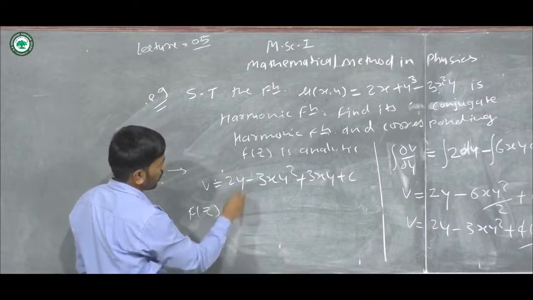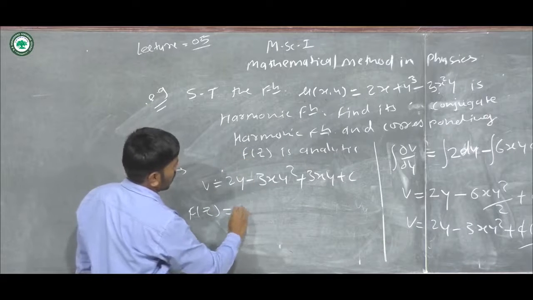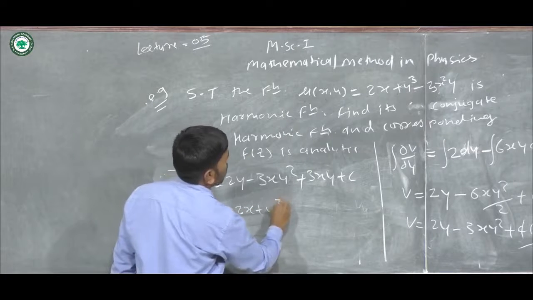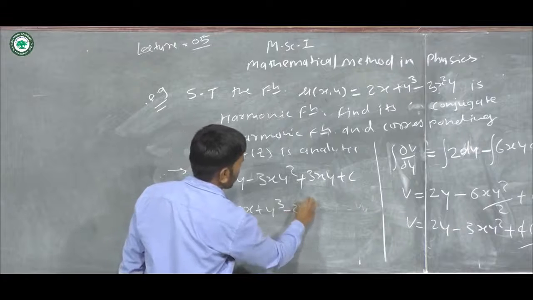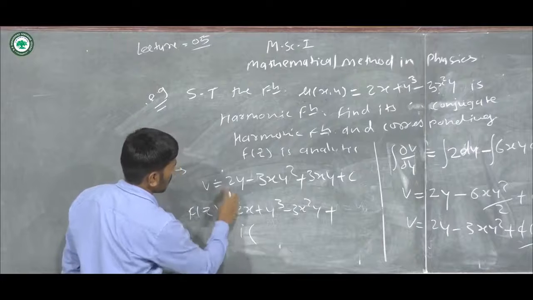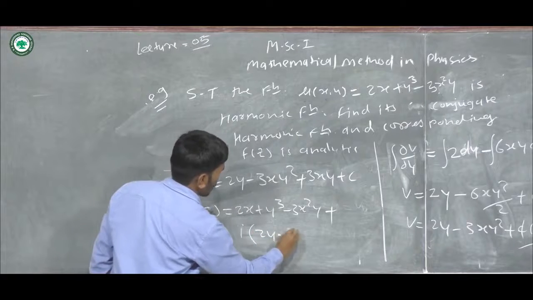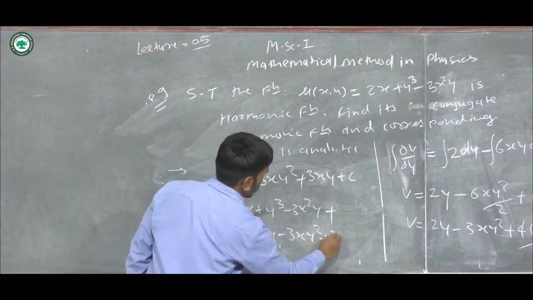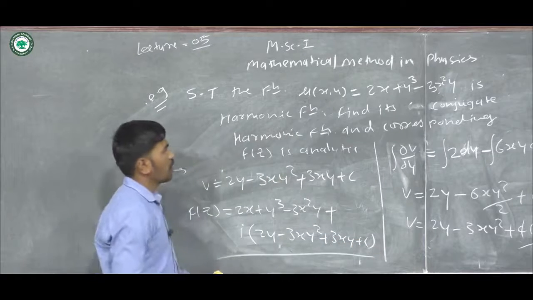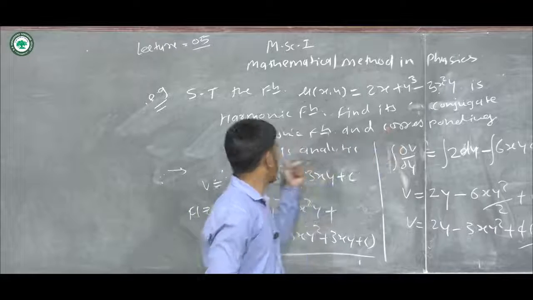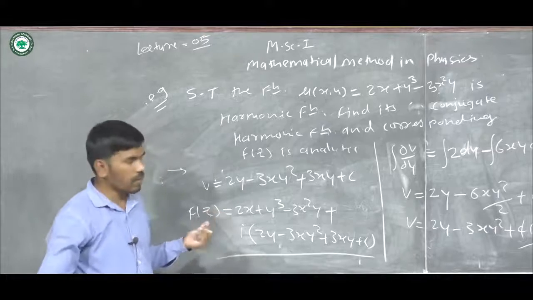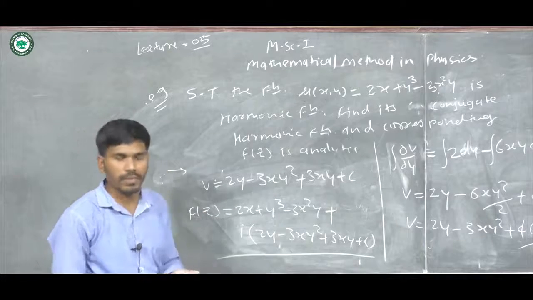So we can write from the given u, that is 2x plus y cube minus 3x square y, plus i times this v, that is 2y minus 3x y square plus 3x y plus c. Okay, so this is our final task, the corresponding f of z, which is analytic. Okay, let's stop here. Thank you.